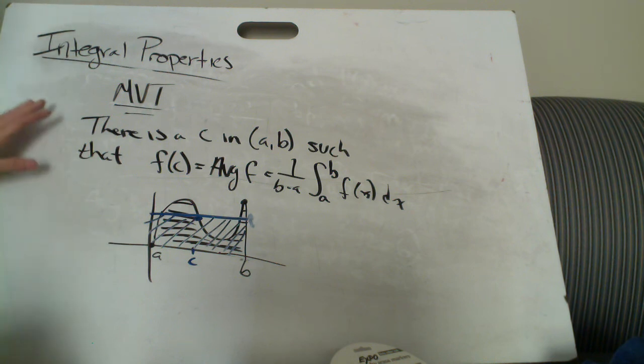Just like with the mean value theorem for derivatives, the mean value theorem for integrals only works if f is integrable everywhere. If it's not, then it's going to be a problem. We saw that with derivatives, if your function wasn't continuous somewhere, it was a huge problem, right?